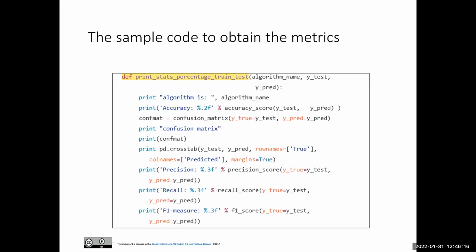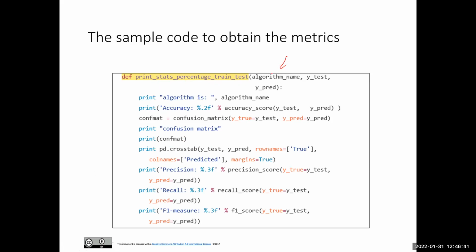So this is the code for this. I would recommend that you just have this function handy in your GitHub somewhere, so that whenever you're doing things, you can always just grab it easy. If you notice this function over here, print stats percentage trained test, it's just a function.